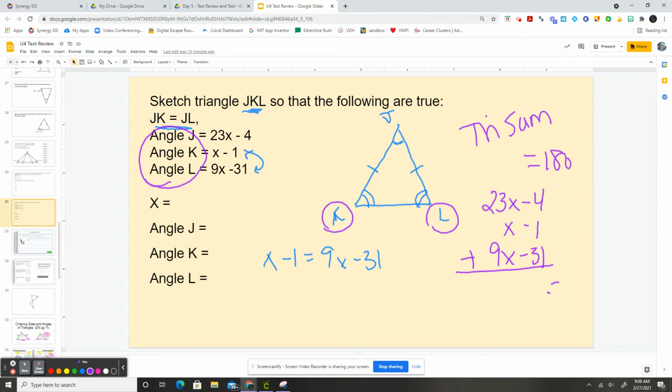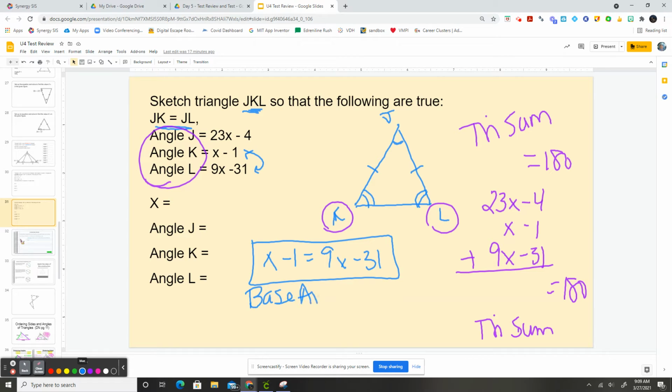Add all of those up and set them equal to 180. So you can either use triangle sum and solve this purple equation, or you can use the isosceles base angles are congruent. Base angles are congruent, and you can solve this equation. It's going to give you the exact same answer.